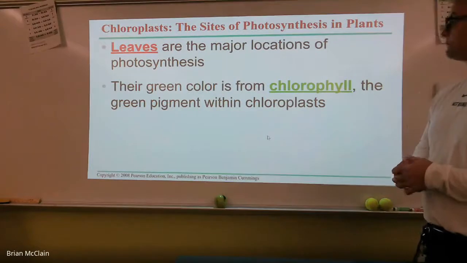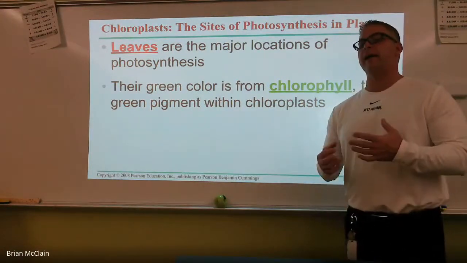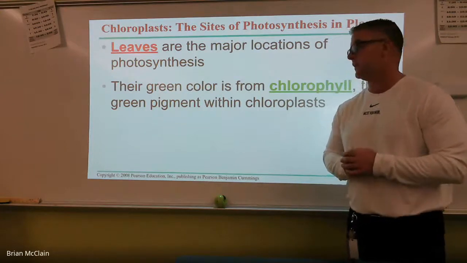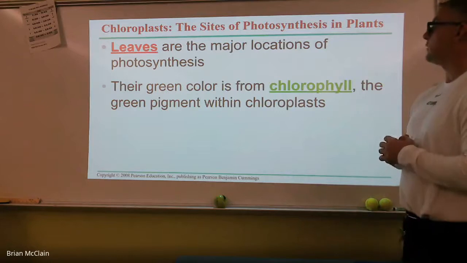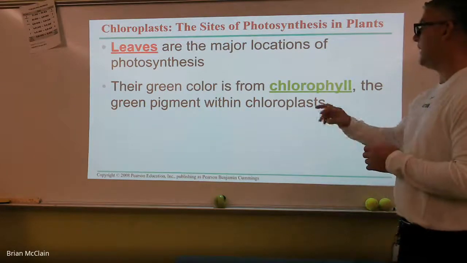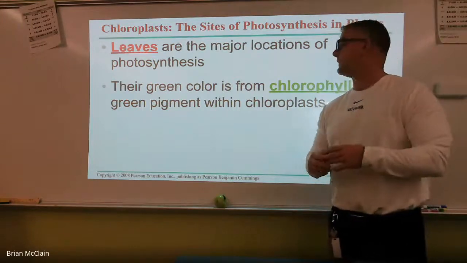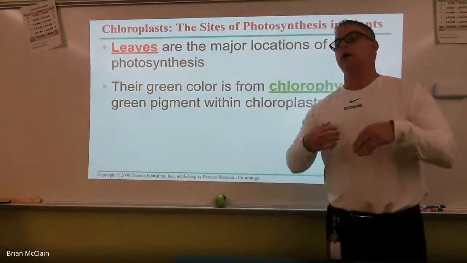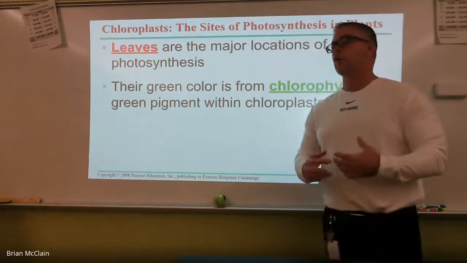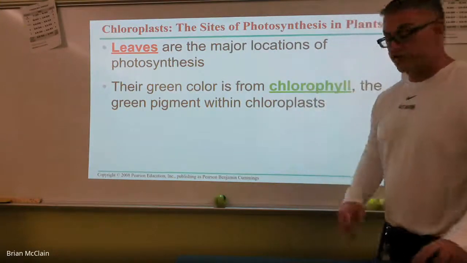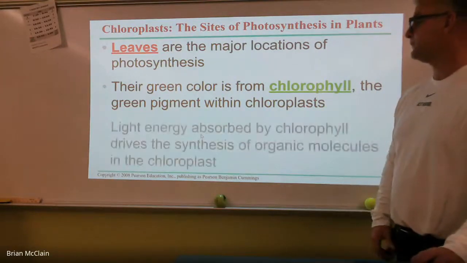Typically, when we look at plants during the heart of their growing season, the color that emerges is obviously green, and that green color comes from a pigment known as chlorophyll. That pigment's embedded within the chloroplast, and we're going to look today at how that pigment plays such a critical role in allowing us to generate the energy necessary to build sugars.